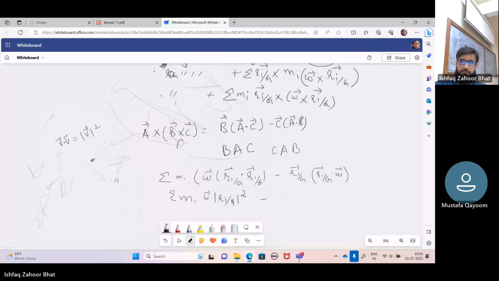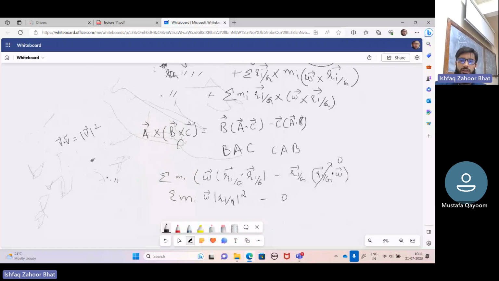Wait a second. That is zero, because these are perpendicular to each other, so this will be equal to 0.